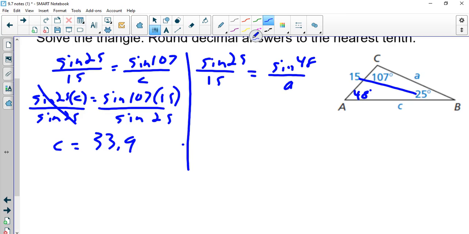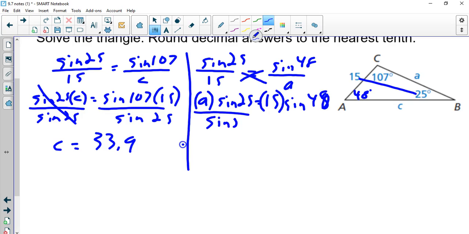Okay, same concept here. Cross multiply. It doesn't matter what you put first. A times sine of 25 equals 15 times the sine of 48. We got to get this by itself, so we divide by the sine of 25, both sides. Cancels.